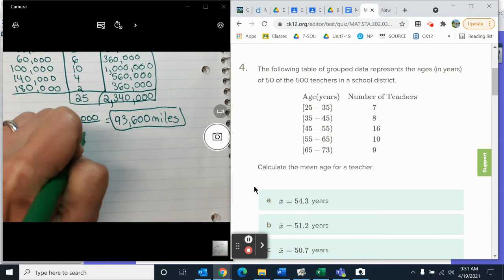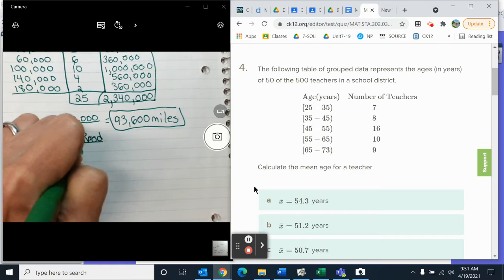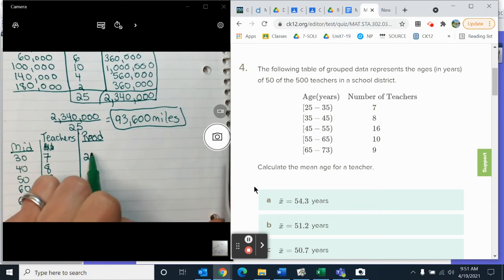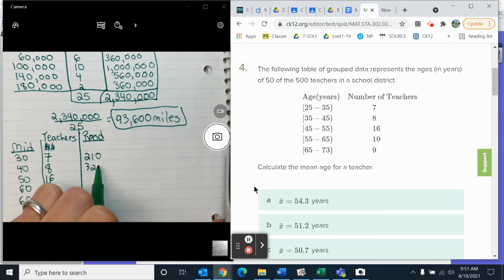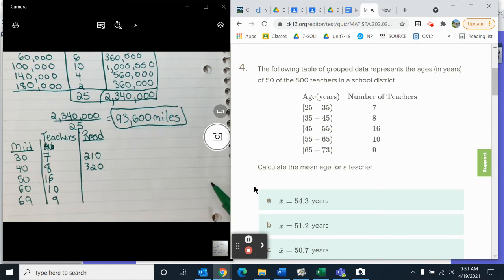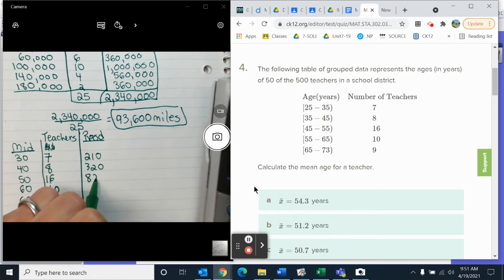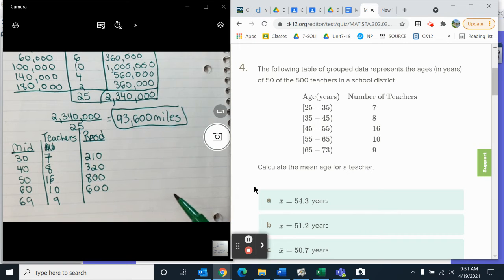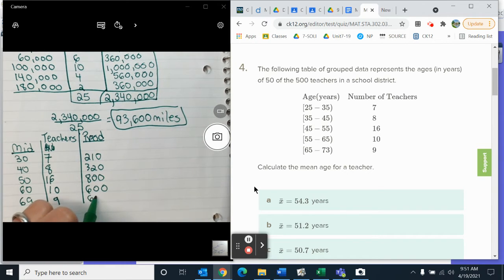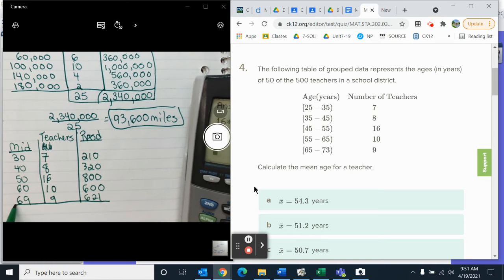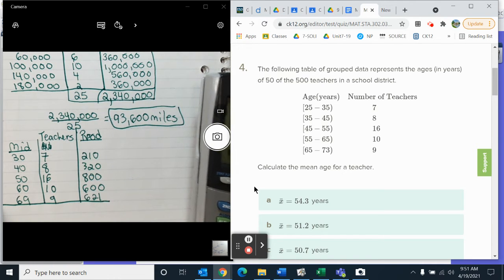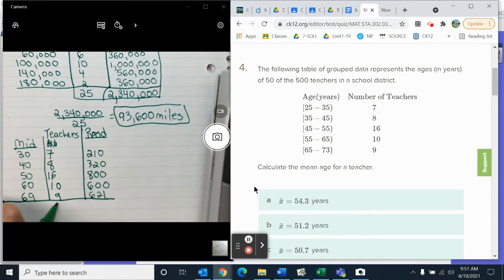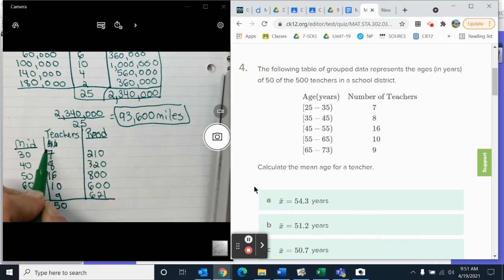And then we need our product column. So we have 210, 320, 800, 600, and 621. Add all those values together, and we are told we have 50 teachers here.